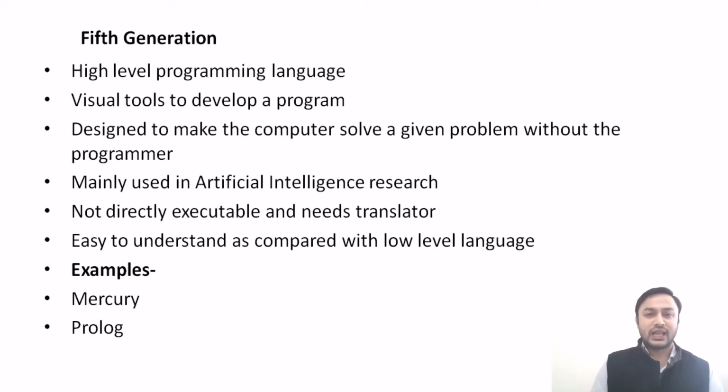In case of low level language, it is difficult to understand. In case of high level language, it is easy to understand the program as compared with the low level language. In case of machine language, it is difficult to learn, whereas in case of high level language, it is easy to learn. So that's the difference between low level language and high level language.